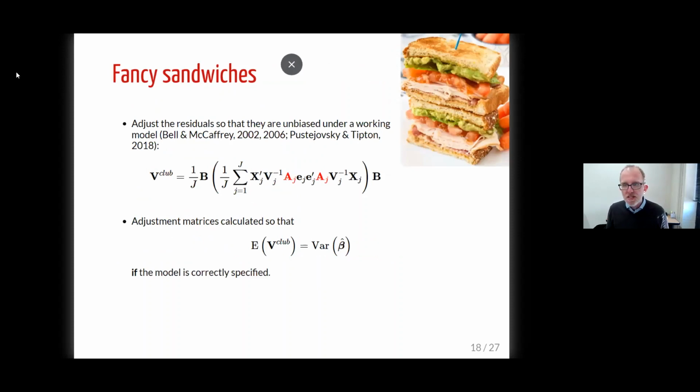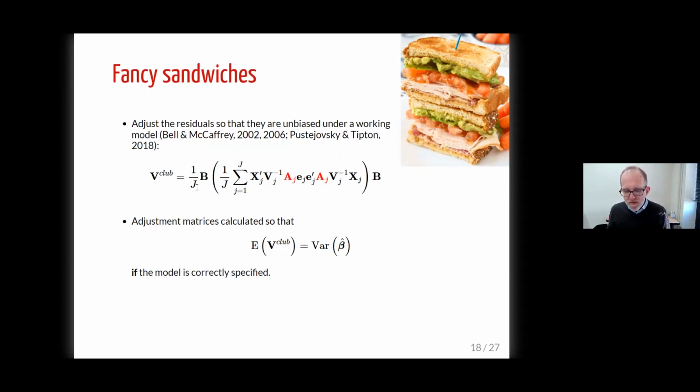So clubSandwich does two things to try to remedy this issue. One is that it implements what you might call a fancier sandwich estimator. The fancy sandwich involves including little adjustments to the residuals that are used in calculating the meat of the sandwich, that give us a variance covariance matrix that is close to unbiased under a certain working model.